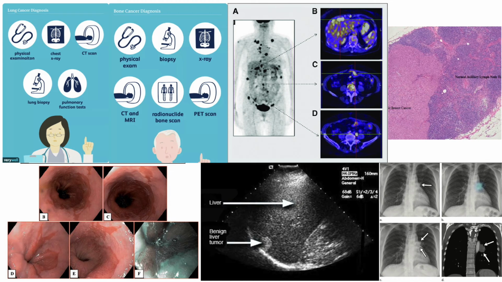On the bottom right you can see an X-ray of a patient with lung cancer, squamous cell carcinoma, and a CT of a coronal section of the same patient. Top right is a sentinel lymph node biopsy of a breast cancer.